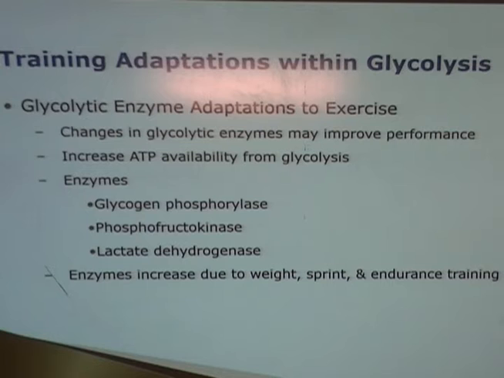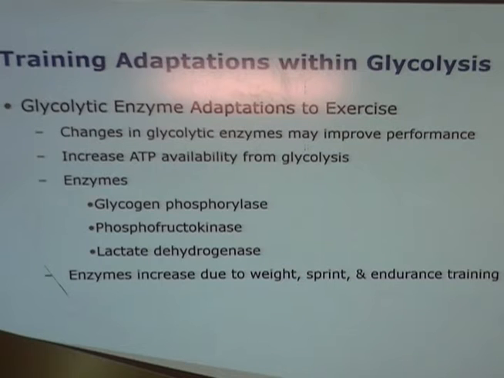As we saw before, there's quite a lot of mismatch in the research. We don't have a totally clear picture of what's going on with the enzymes. So if we can increase the amount of enzymes available, we do see that in some of the research.